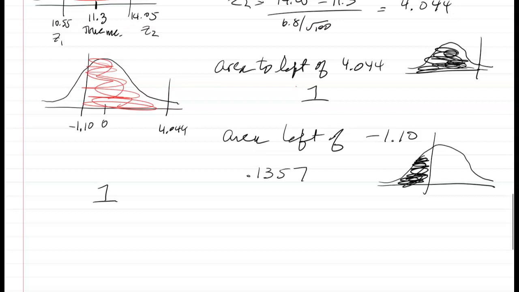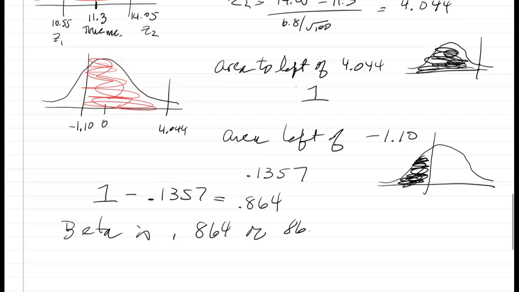So it's going to be 1 minus 0.1357, which comes to approximately 0.864, rounded to 3 decimal places, which is what you normally have to do anyway. So beta is 0.864, or an 86.4% chance of making a type 2 error.